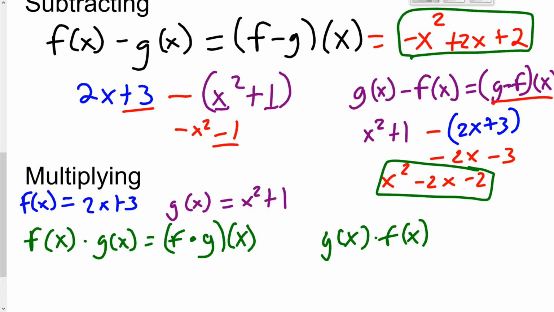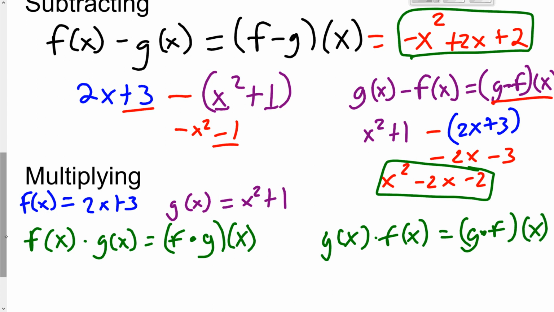And again, since it's multiplication, very similar to addition, it wouldn't matter. These would be the same answer. It is the same as g times f of x with a solid dot there.